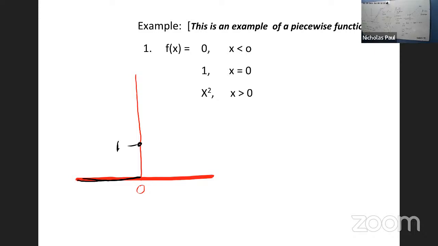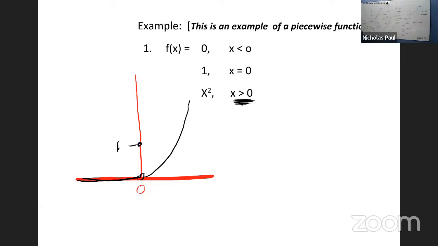And when it's more than 0, it's x squared. How do I draw that part? I'm drawing it hollow here and then all the way up here. Why did I put hollow there? Because 0 is not included when it's x squared. So what you have in front of you is a piecewise function.